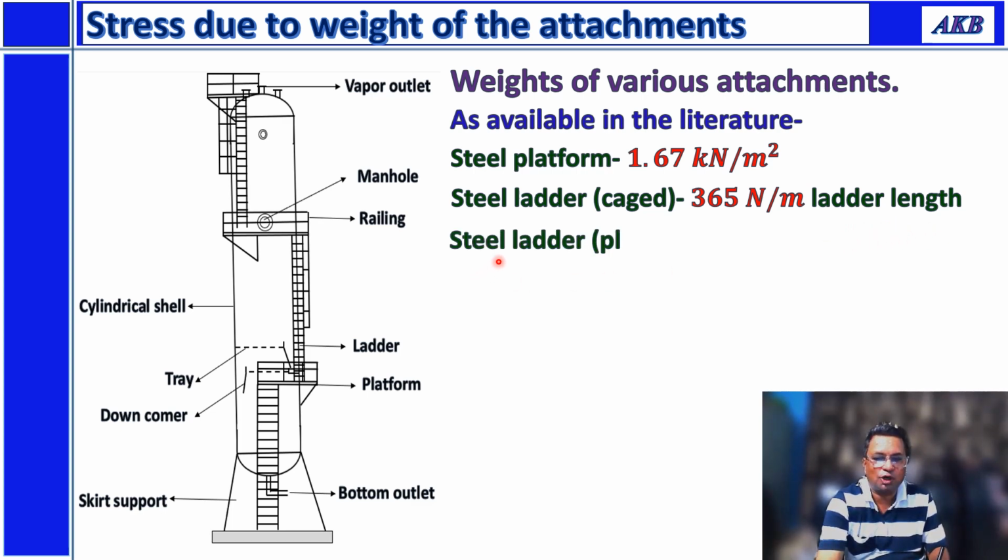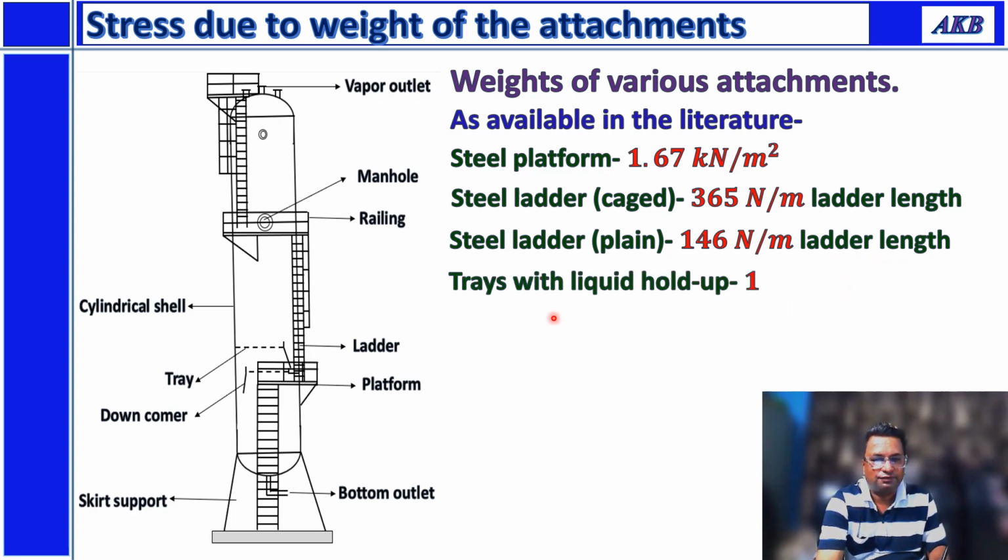Then if you talk about a simple or plain ladder without any cage, then for plain steel ladder, you can take its weight as 146 Newton per meter ladder length. Then trays with liquid holdups, you can take the weight of those trays as 1.2 kilonewton per meter square tray area. So these values are available in literature, so you can use them in absence of any relevant data.